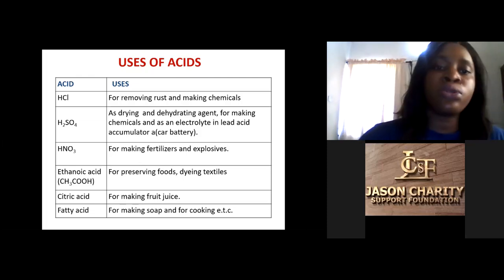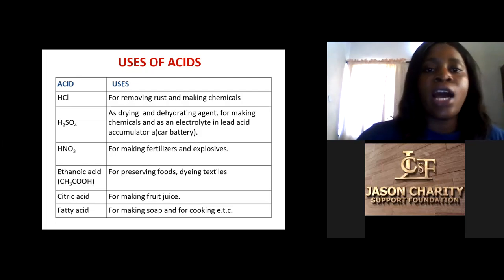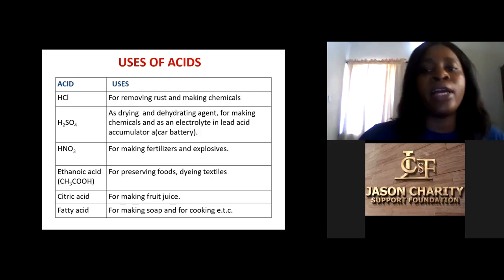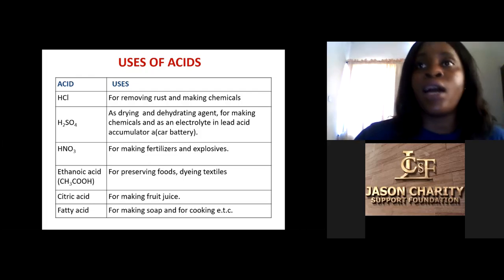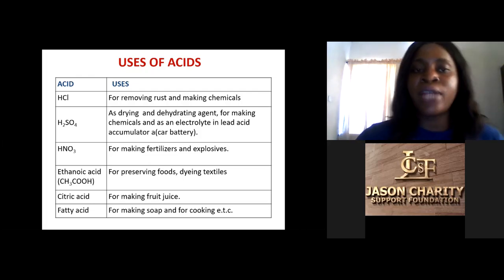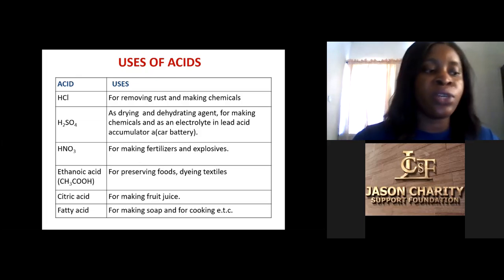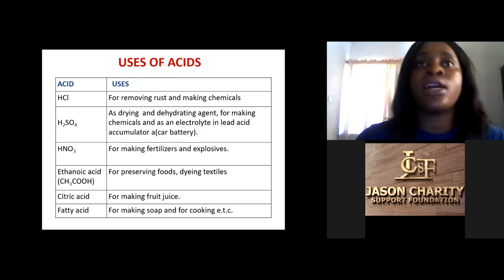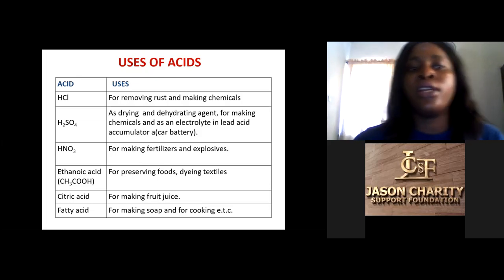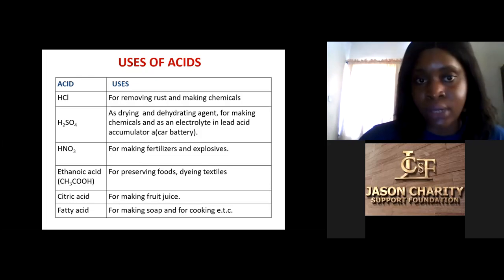It is also used as a drying agent and dehydrating agent for making chemicals. And it is also used as an electrolyte in lead acid accumulators, that is a car battery. So that chemical substance that helps to generate electricity in the car battery is tetrahydrosulfate 6 acid.